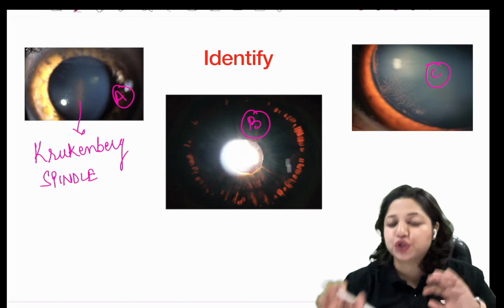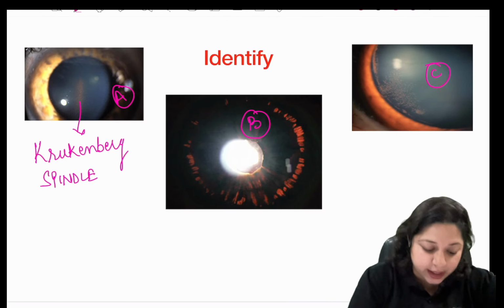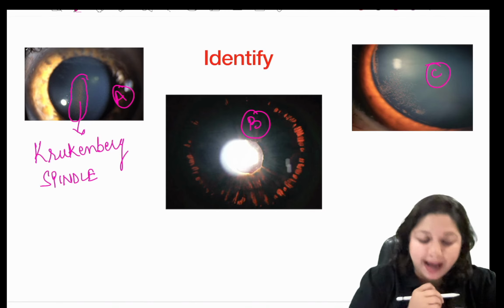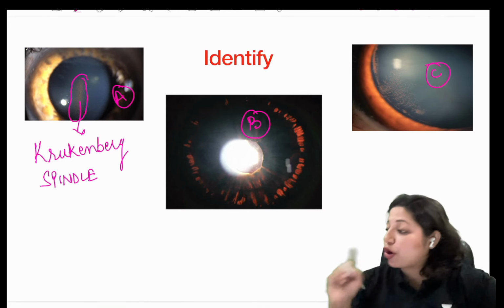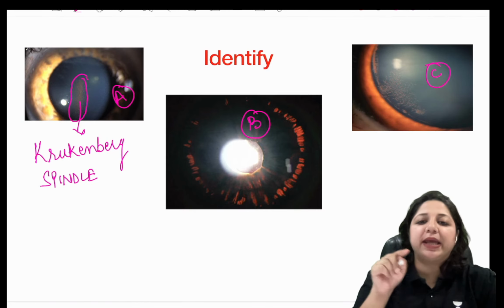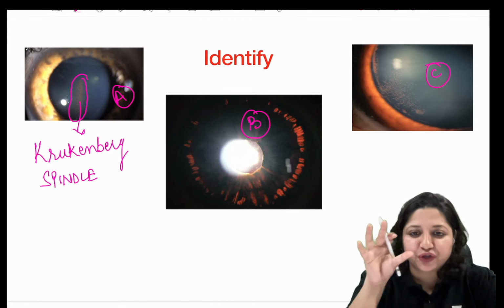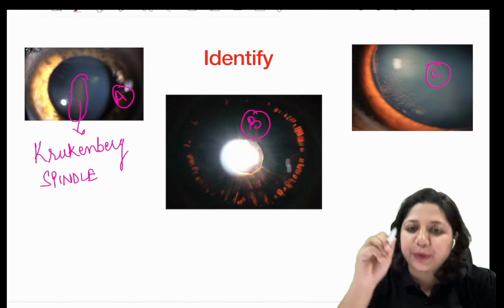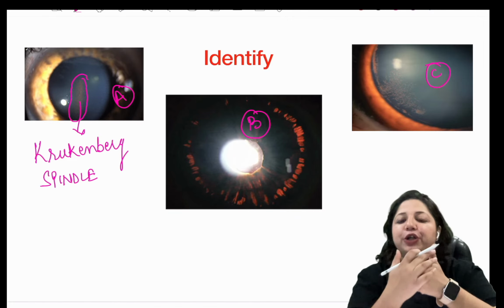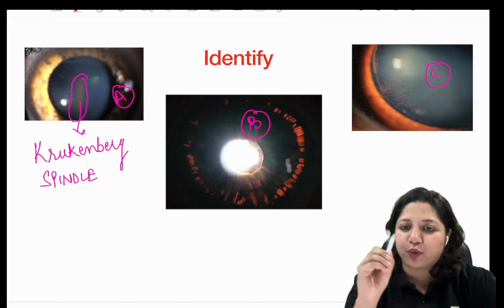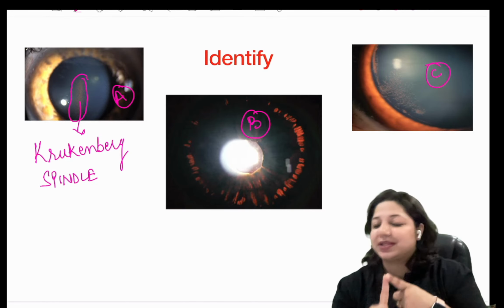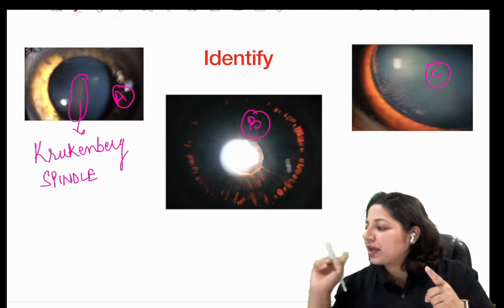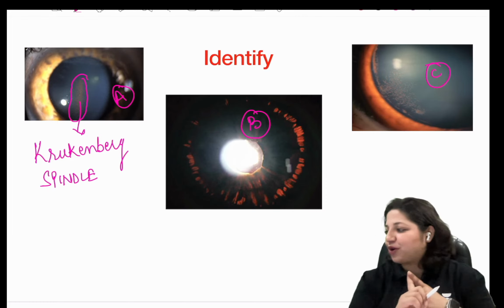These are the pigment depositions on the cornea in a vertical spindle-like manner. So Weiss ring, when you get that, would be in the form of a round structure on the anterior lens surface, an imprint of the pupil. So it would be round, but this is vertical. So this is Krukenberg spindle. You're right, it is pigmentary glaucoma.